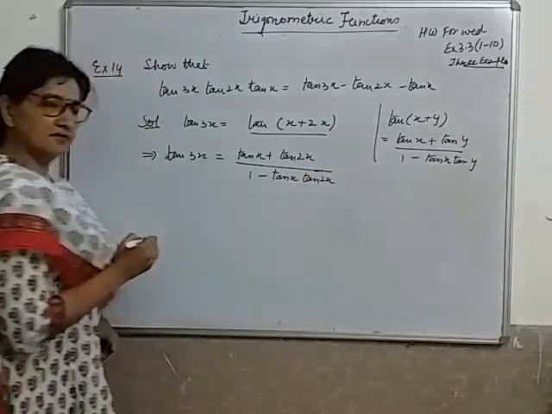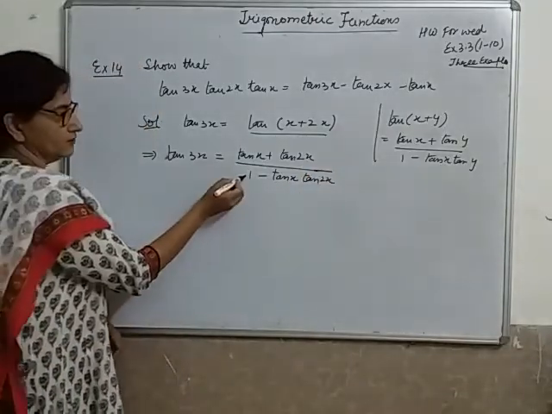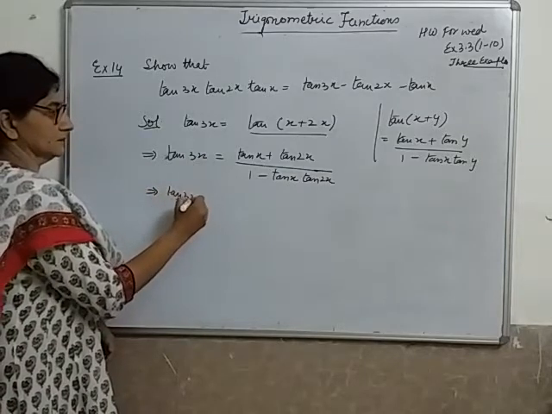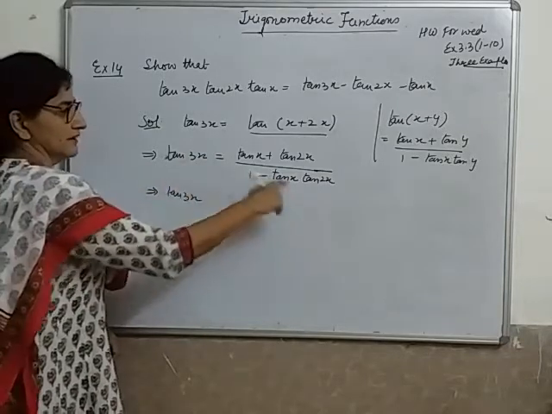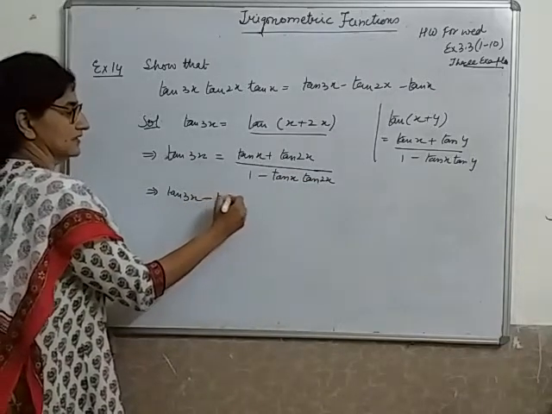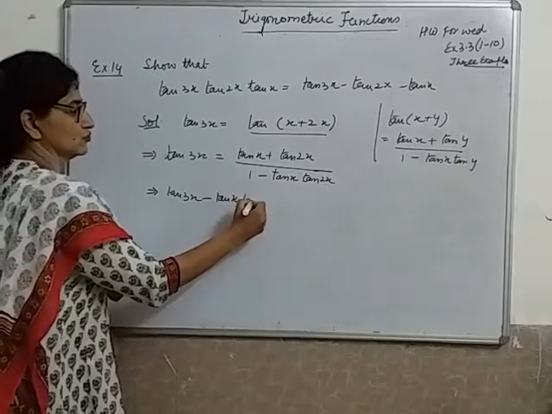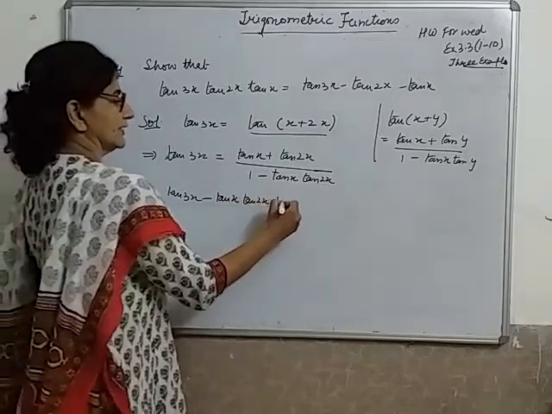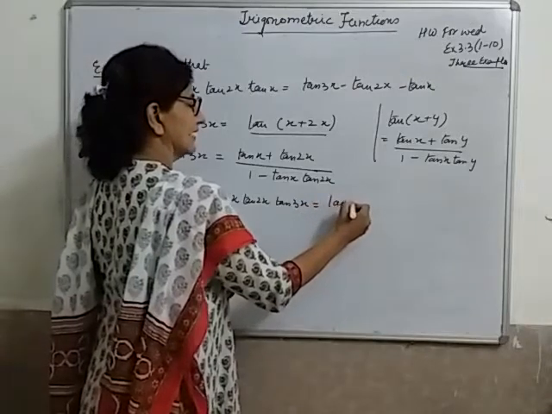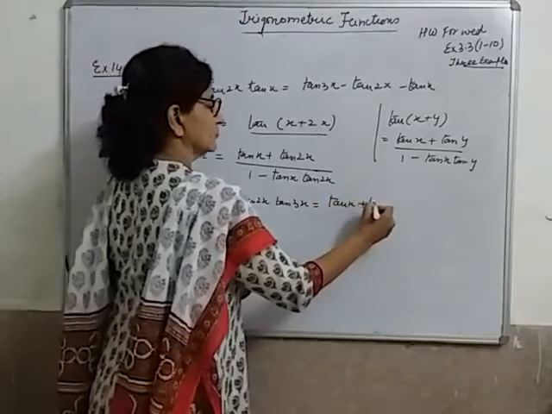Is this step clear to everyone? Now cross multiply. So it will be tangent 3x multiplied by 1. When I multiply this, it will be minus tangent x tangent 2x into tangent 3x. This is equal to tangent x plus tangent 2x.